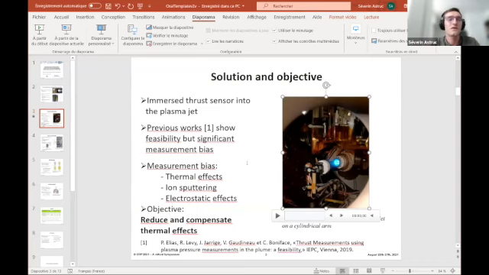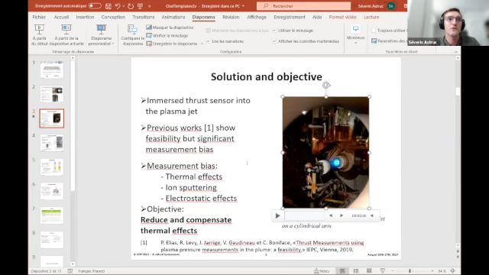There is also ion sputtering, so the ions destroy the surface of the sensor, and there are also electrostatic effects like unwanted current or electrostatic force.